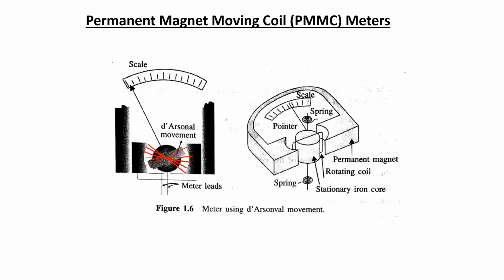I didn't realize that while I was discussing this portion, why the curved pole faces were used. The reasoning was okay, but the way I had drawn the magnetic field lines or magnetic flux lines was not correct.